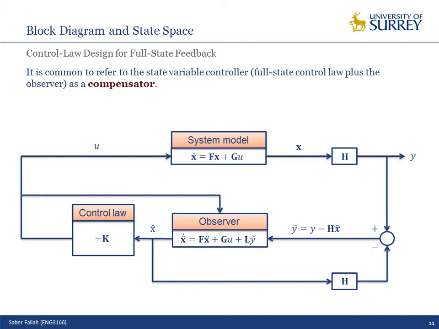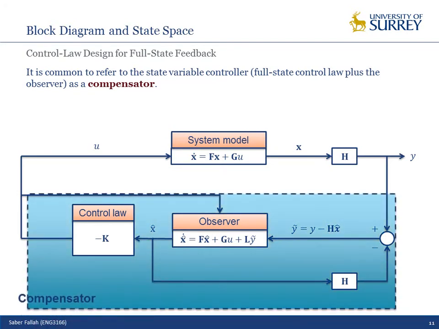How does it work? As I said, the whole module is called the compensator. In reality, if you want to implement this controller, you don't have this part. This structure is good for simulation purposes. But in reality, you have the actual suspension system or actual application.